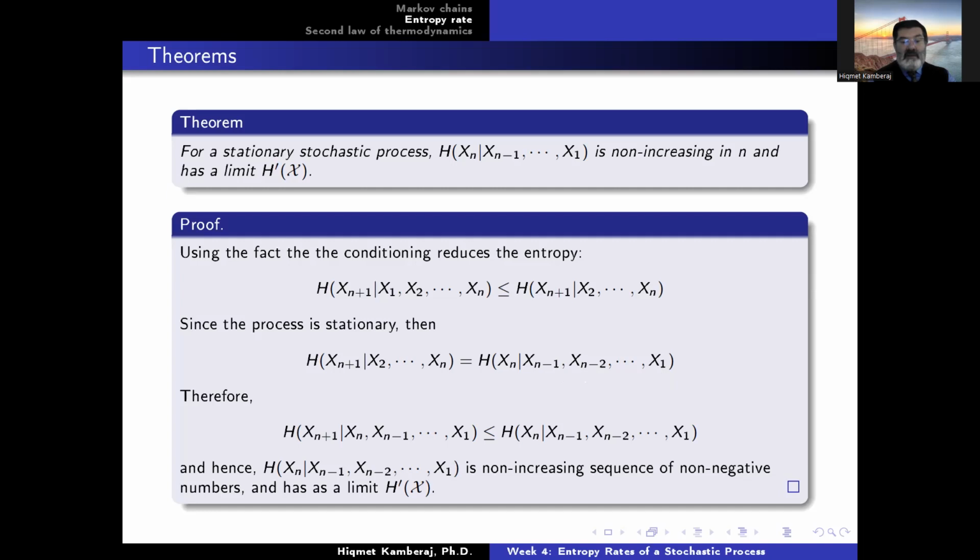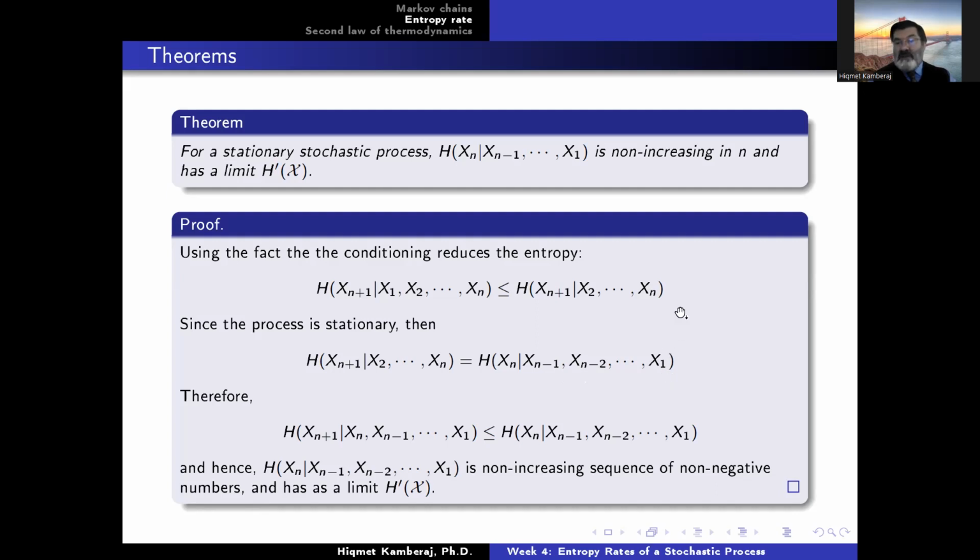Therefore, if I use equations 1 and 2, I obtain that the conditional entropy of Xn+1 conditioned on Xn, Xn-1 up to X1 is less than or equal to the conditional entropy of Xn on Xn-1, Xn-2, ..., X1.